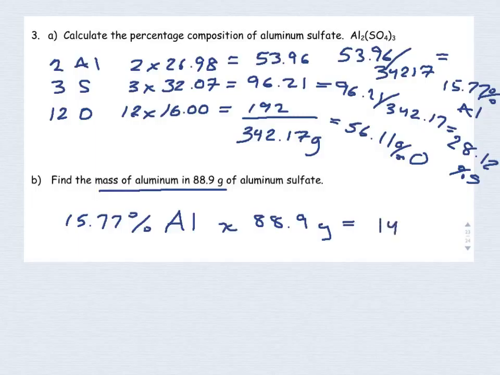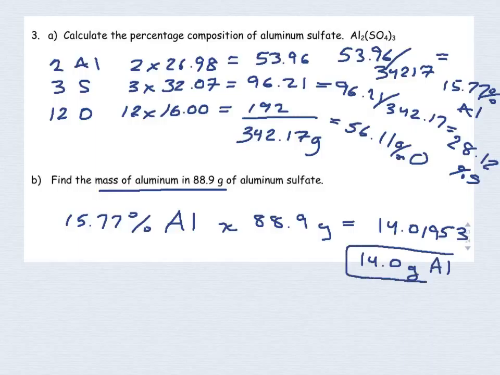And mathematically it's 14.01953. And because it's aluminum, and you're given 88.9 grams, you can do significant digits of 14.0 grams of aluminum.